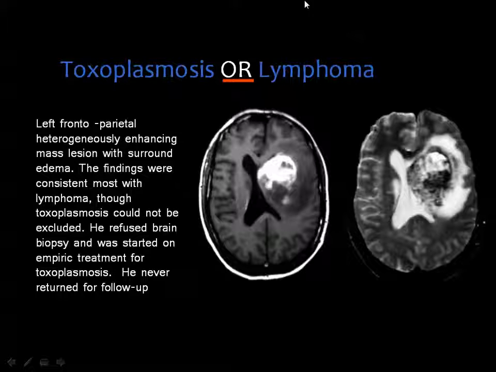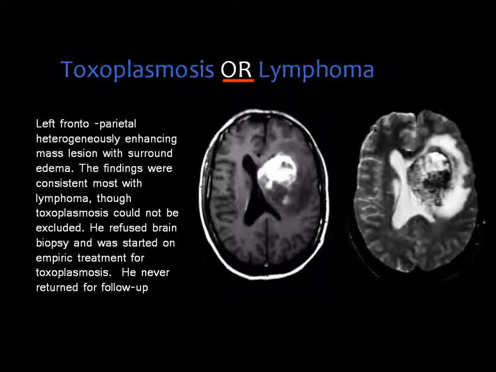You may say that the toxoplasma, as an infection, will show restricted diffusion on diffusion weighted images, while lymphoma will not show restriction, being a neoplasm. Also, lymphoma may have a specific enhancement pattern, and toxoplasma may have a different one. And the surrounding edema may be different and so on.